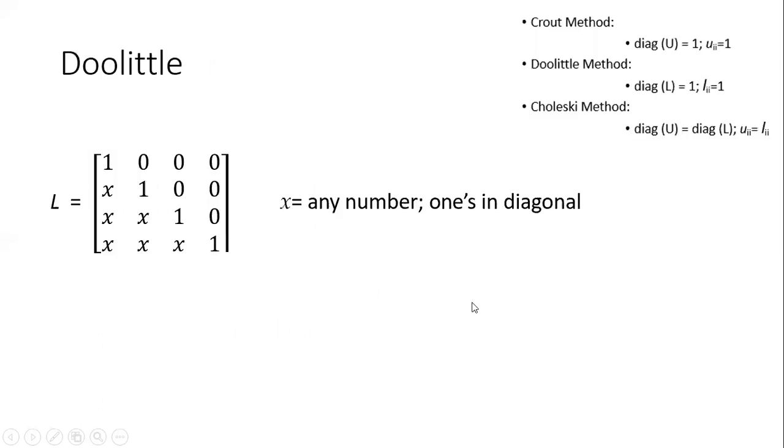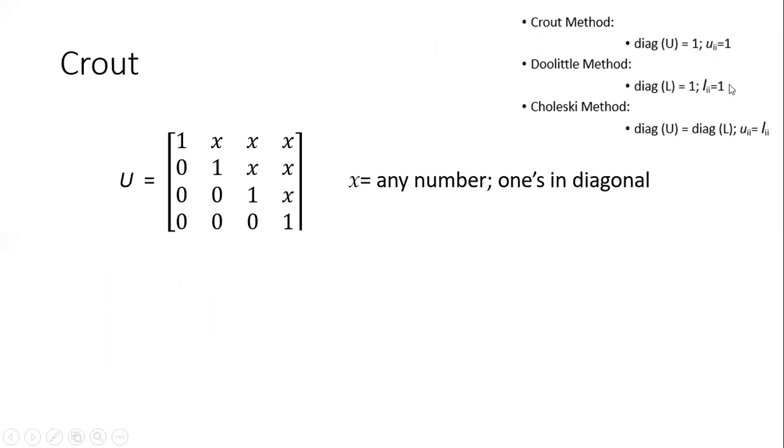So for the Doolittle, for example, the diagonal of L is all equal to 1. These are the L11, L22, L33, L44, and the X here can be any real number. Next, for the Kraut, the diagonal of the upper triangular matrix is all equal to 1.